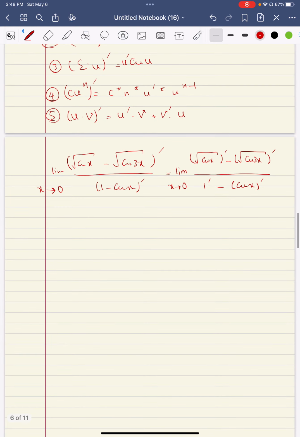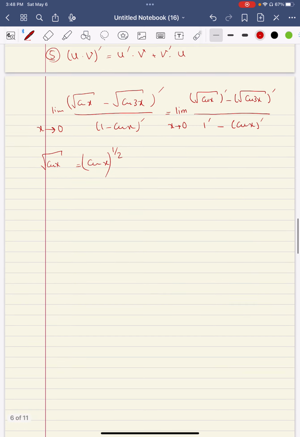So whenever I get to roots, I change it to the power. If you remember from the previous videos, I always do that. And whenever I get 1 over a function, I again apply the powers.